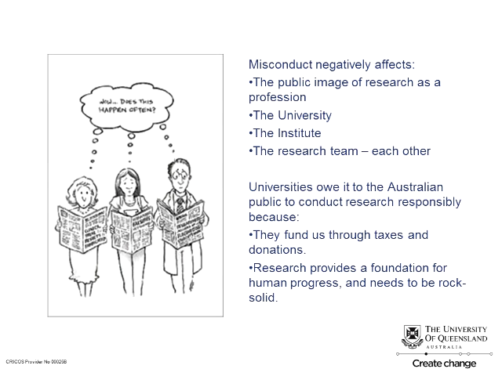The public image of research as a profession is critical. If people do the wrong thing in our institutions, it impacts on our own institution, and on the research team that undertook that research, or the researchers around the person who undertook the research, which turned out to be dodgy in some way.